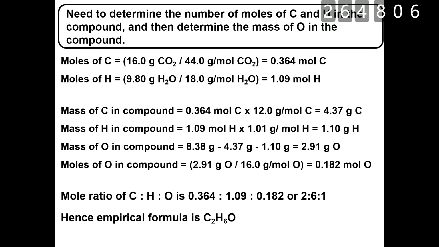This is the total mass minus the mass of carbon minus the mass of hydrogen, and then we get the mass of oxygen. When we know the mass of oxygen, we can just divide it by the atomic mass of oxygen, and then we can get the mole number of oxygen. After we get these 3 numbers, we can get the empirical formula is this.